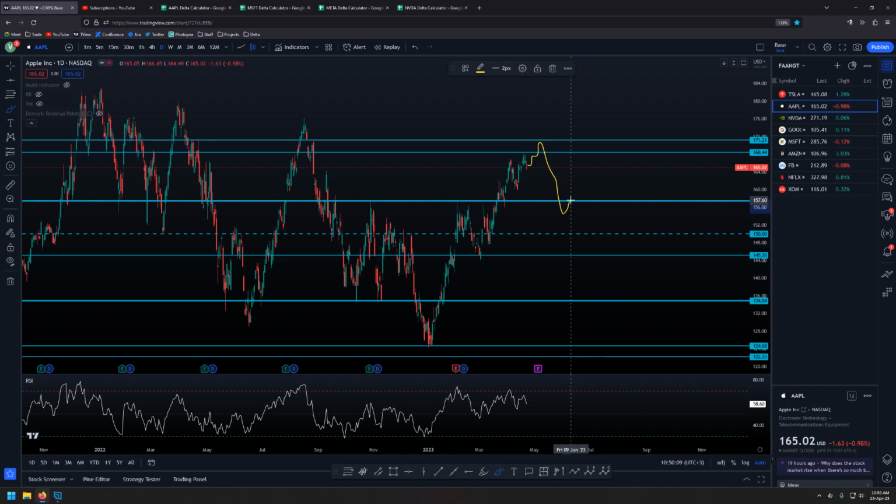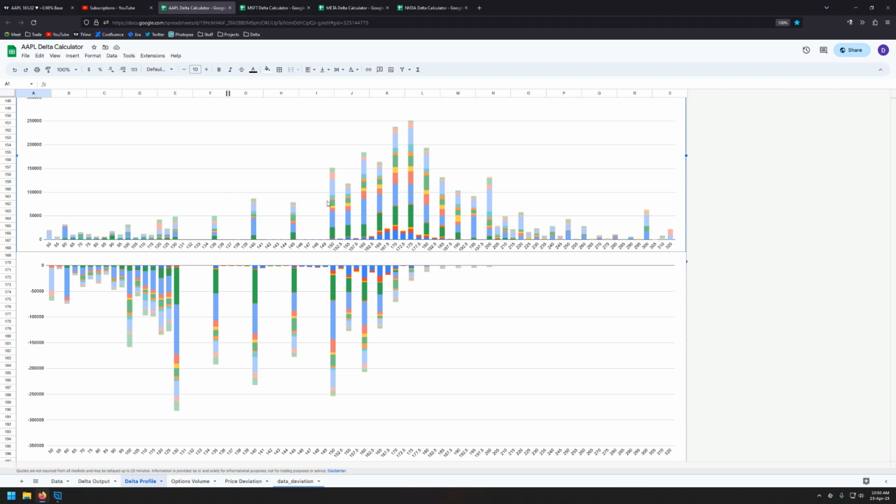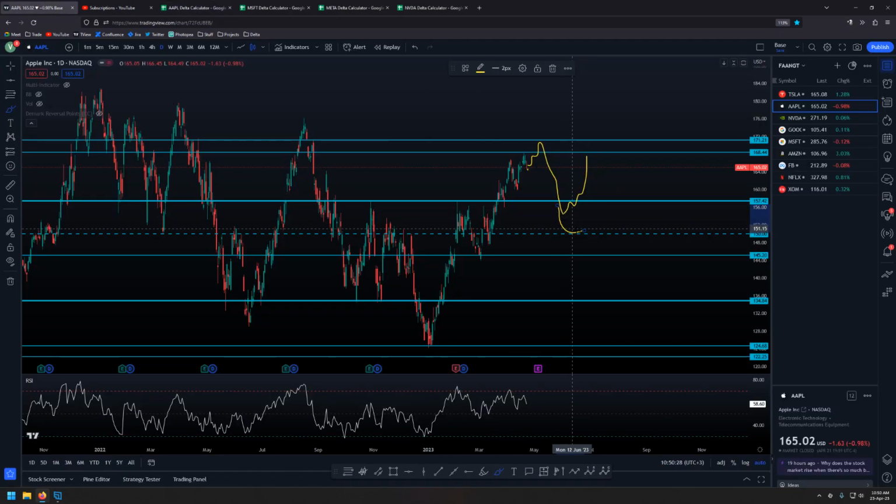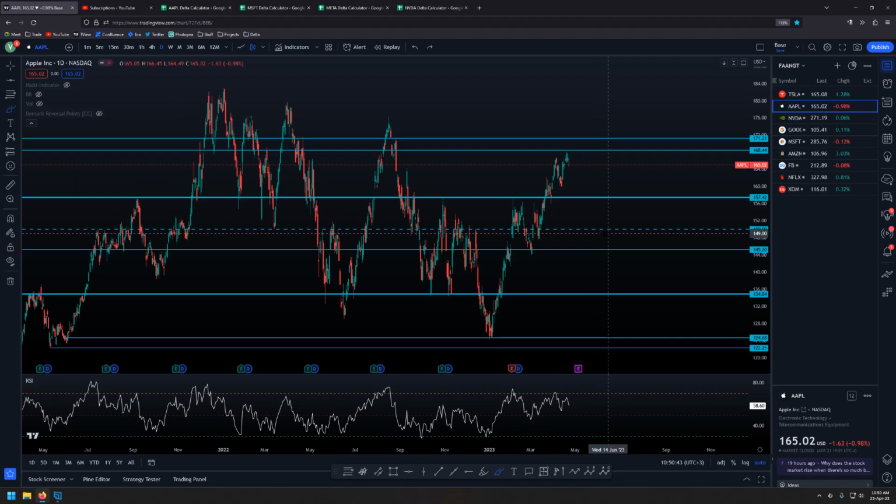So it can be an overshoot here and then it goes back up, or it can continue down, goes to 150, which is a psychological level, and looking at the delta, this is the biggest level in the market when you combine both puts and calls, and again it will become resistance. So the target for a move down is this area here. So 150, 145, depending on how bullish or bearish it is, it will go higher or lower.